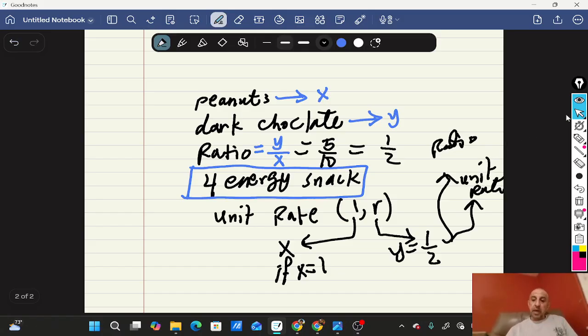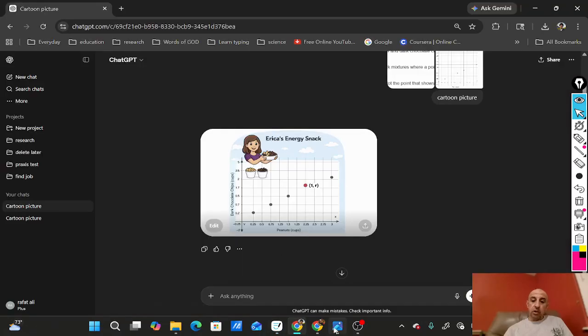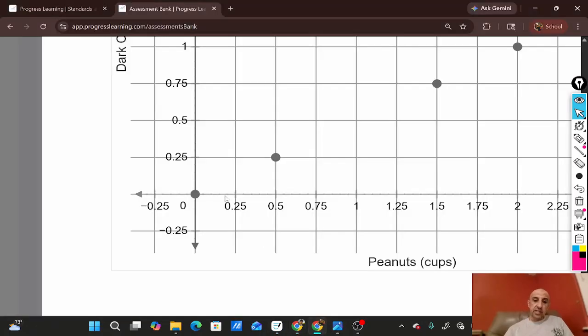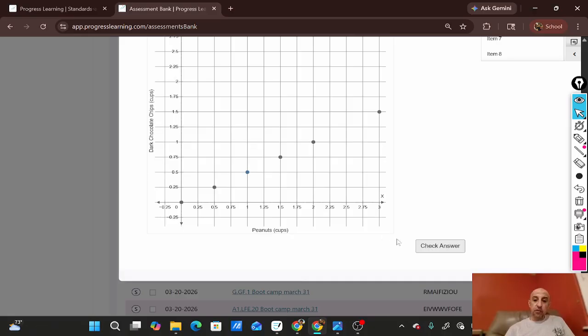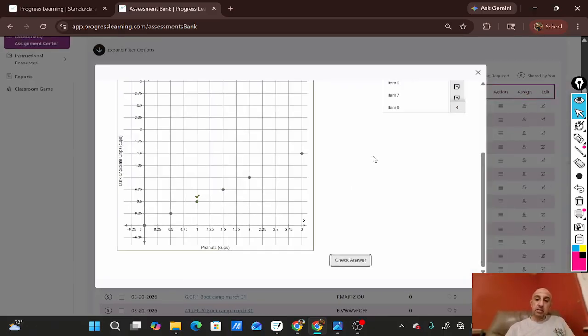Now going back to the question, we have to assign this point. With 1 and here 0.5 or half, here is the point which represents the unit rate. If we check, we can see that this is the right answer.